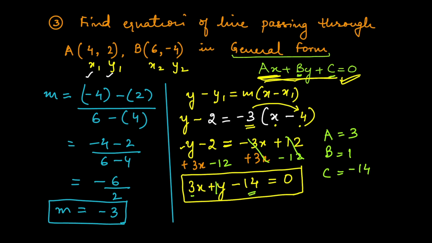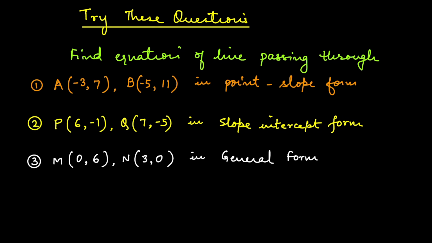Sometimes you'll be required to write these values also. So pause the video and try these questions. They will require different forms: point slope, slope intercept, and the general form. If you are not able to do it, you can refer to the video again and then try it on your own. And once you get the answers, just check the answers on the next slide.